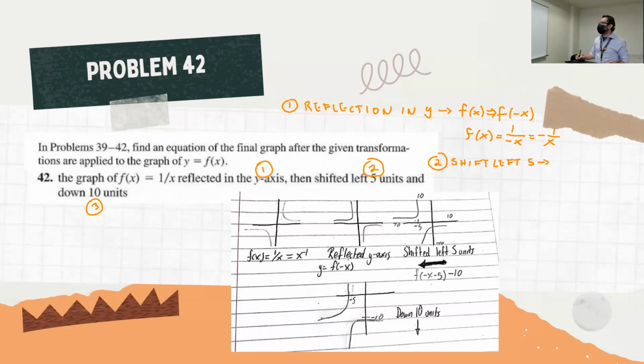So that would mean that now f of x would turn into f of x plus 5. Okay, so to the one we originally had, now we're going to say f of x equals minus 1 divided by x plus 5.